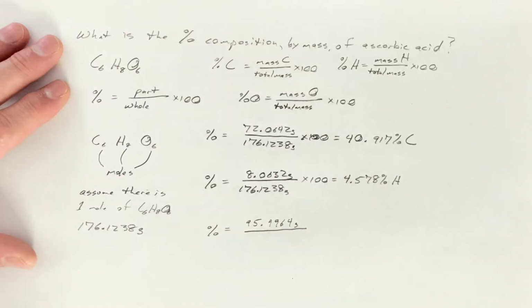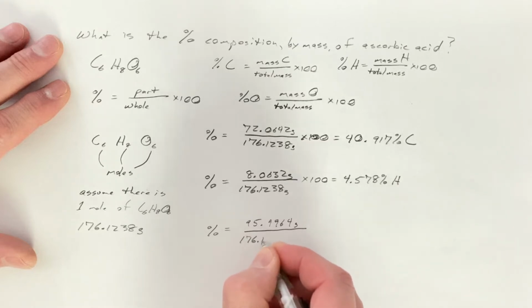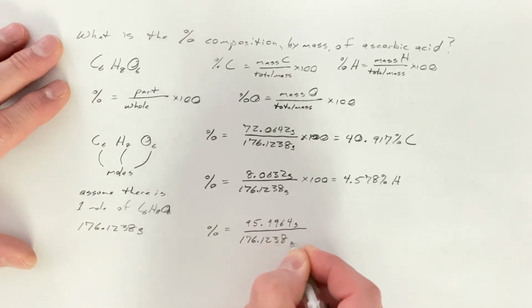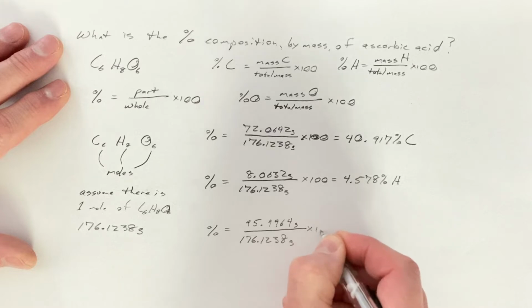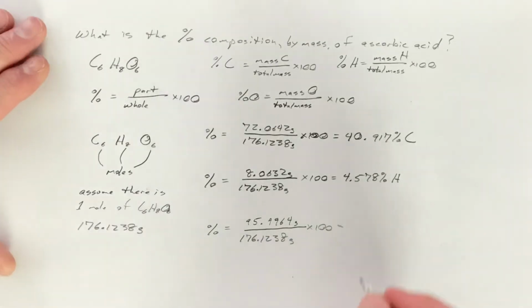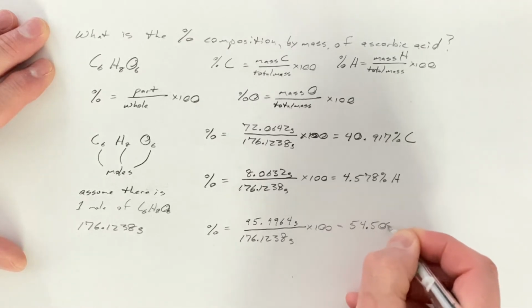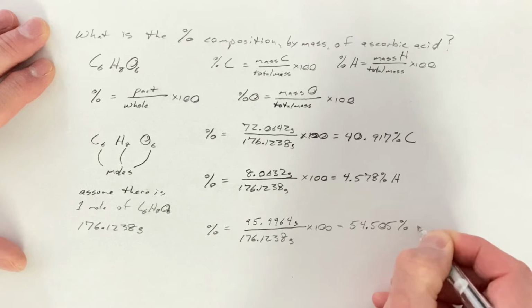We'll take the 95.9964 grams, divide by 176.1238 grams, and multiply by 100. And this works out to be 54.505% oxygen.